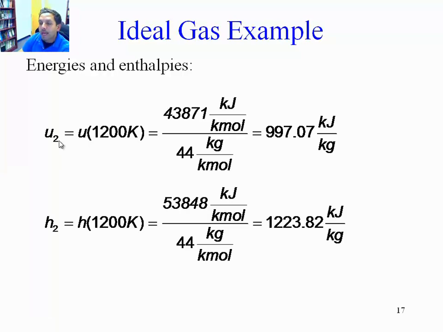So, energy 2 at 1200 is 43,871 divided by 44, which is 997.07 kilojoules per kilogram. Enthalpy 2 is the enthalpy at 1200 Kelvin, which is 53,848 divided by 44, the molecular weight, 1,223.82 kilojoules per kilogram. So we have completely defined state 2: temperature, pressure, volume, and now energy and enthalpy. By the way, again, this is using the variable specific heat model.